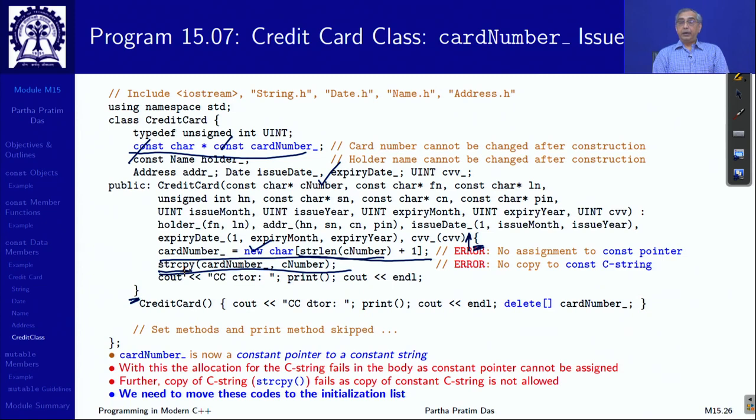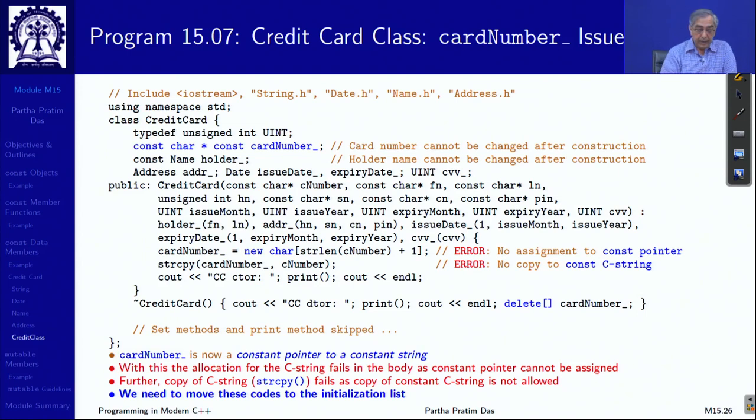Now, here the point to note is, once I have made it a constant pointer pointing to a constant object, the first thing I cannot do is make this assignment, because the card member will be initialized with nothing, that is garbage, in the initialization. Once I have entered the constructor body, remind you in terms of the object lifetime, the object lifetime has started. So, now I have an object.